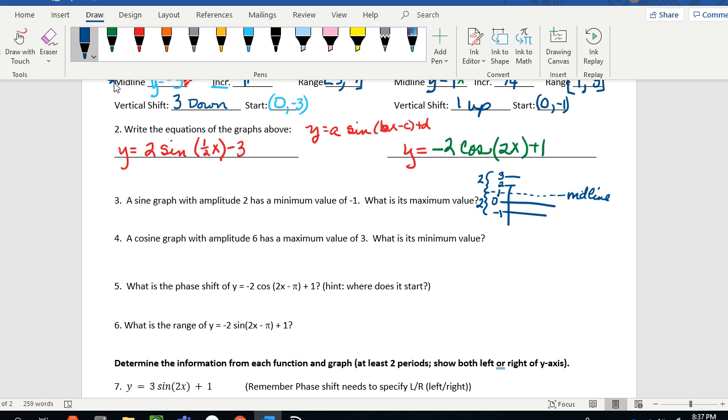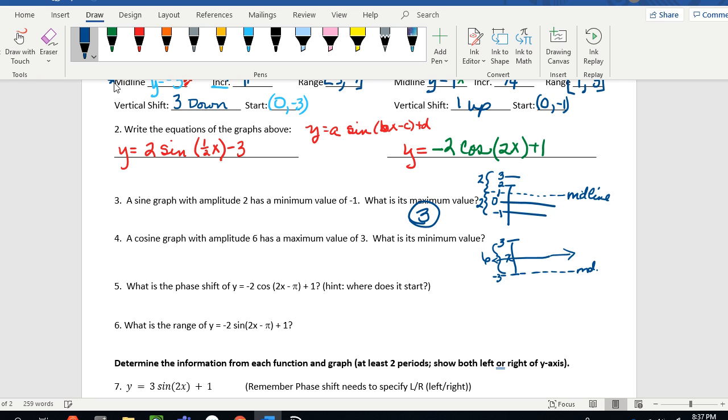That means what is the maximum value? You should be able to figure it out. It's 3. A cosine graph with an amplitude of 6 has a maximum value of 3. What's the minimum value? So here's x going this way, the x-axis, with a maximum value of 3, an amplitude of 6. So this thing has to drop 6 points to -3 before it finds the midline.